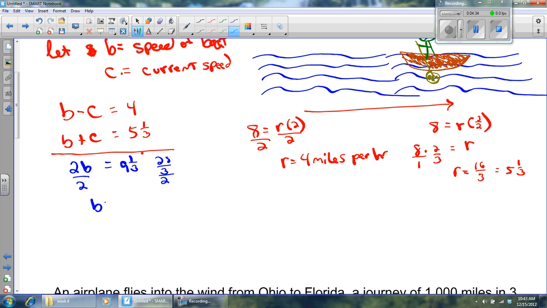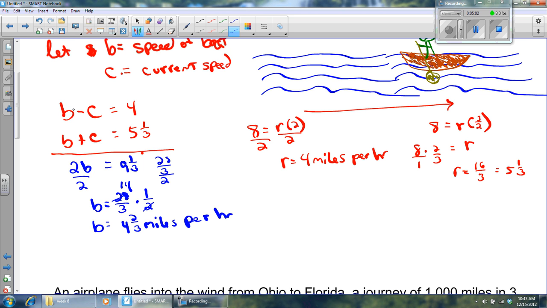So B is going to equal 28/3 times 1/2, which is going to be 14/3. So the boat is going to be traveling at a speed of 4 2/3 miles per hour.